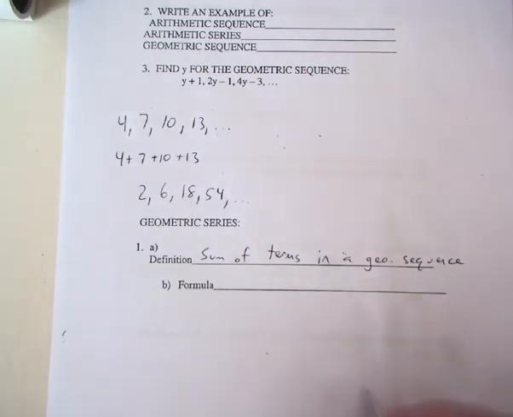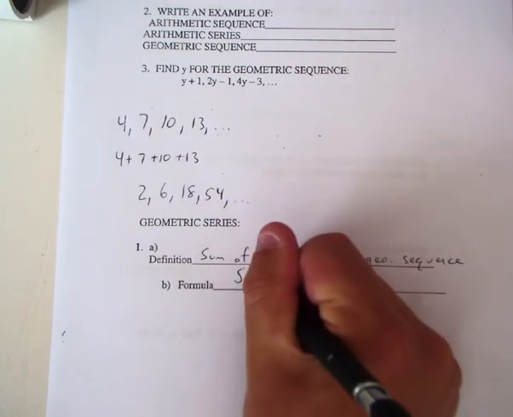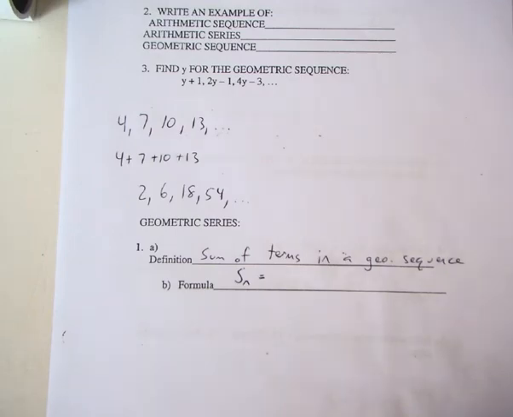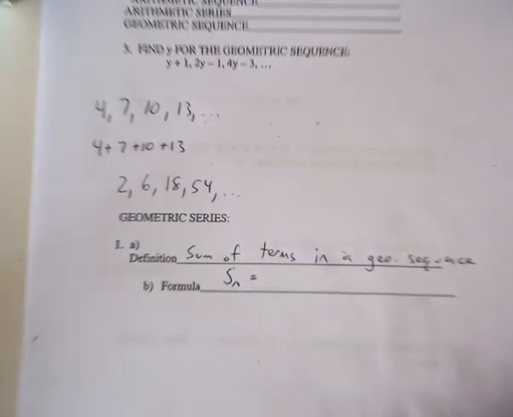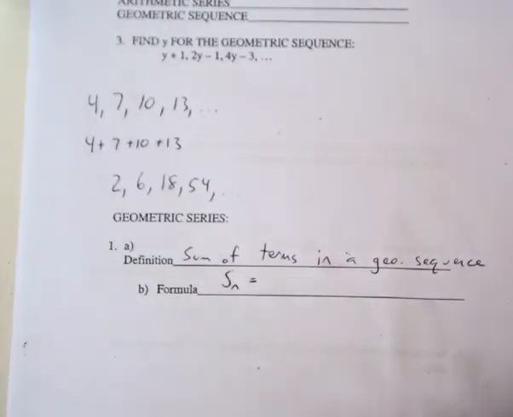So here's our formula for adding the terms of a geometric sequence. The sum of n number of terms, which the problem will typically give you, or you might have to find it based on what they give you.